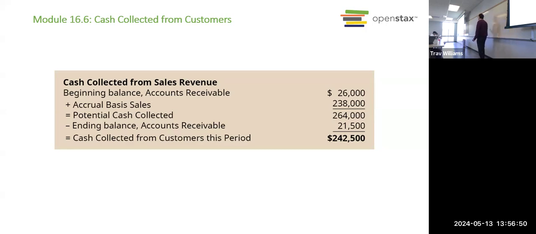So it's a pretty simple calculation. That would be the formula you would use. It even looks similar to other calculations we've done before, right? Start with the beginning, you add something, you subtract ending, and you get your result. All right, any questions so far?